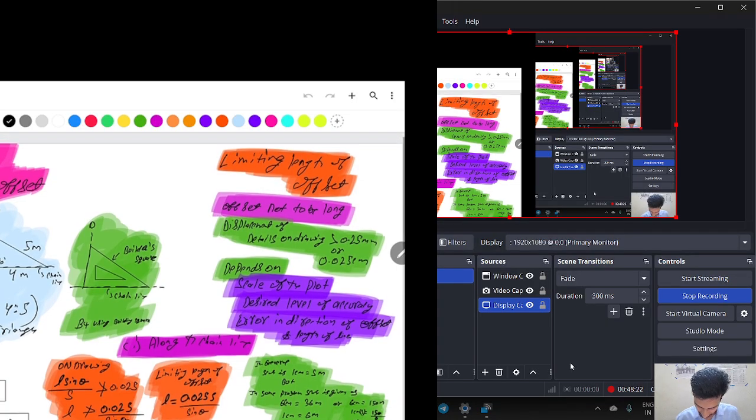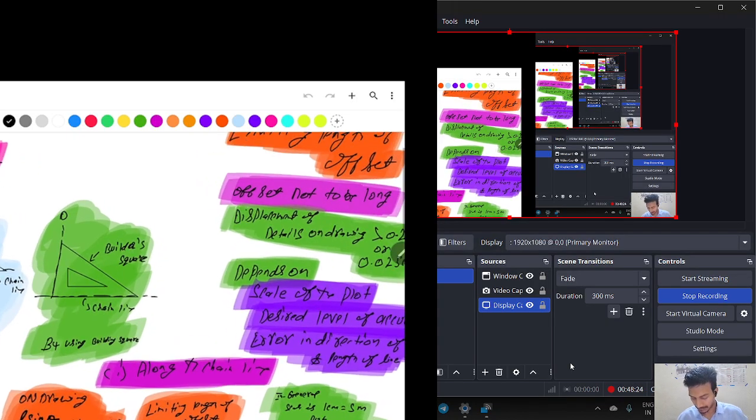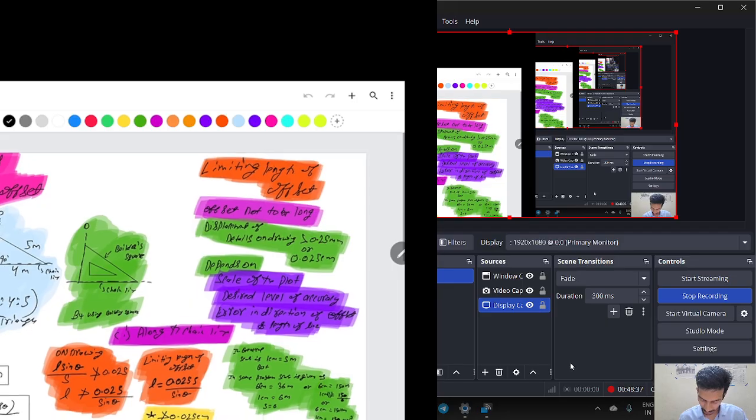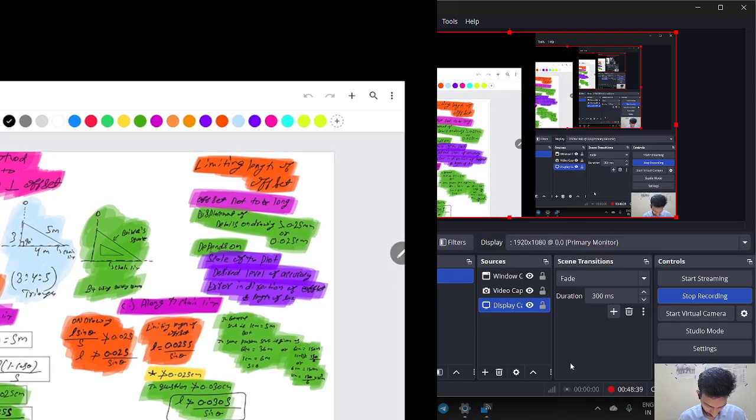And the last is the chain builder's square, having a right angle. We have to put it and line this. We have talked about the methods to draw the perpendicular offset.